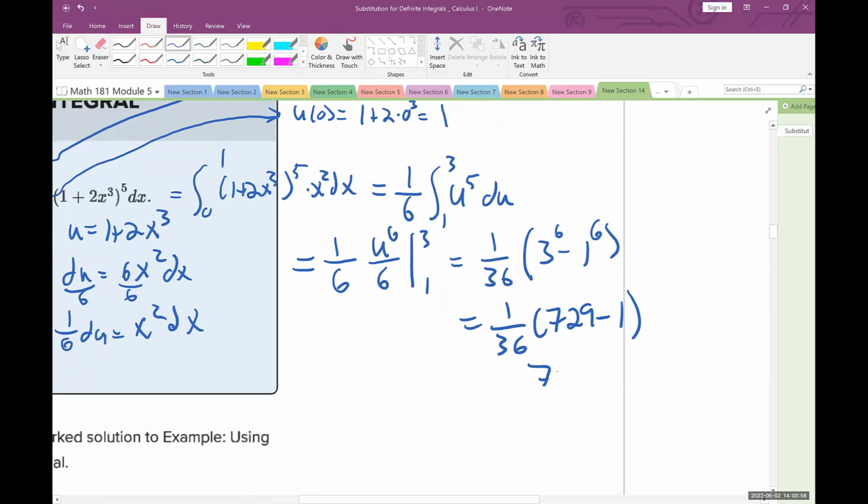So we have 728 over 36, and that reduces, we divide by 4, to 182 over 9. That's it.